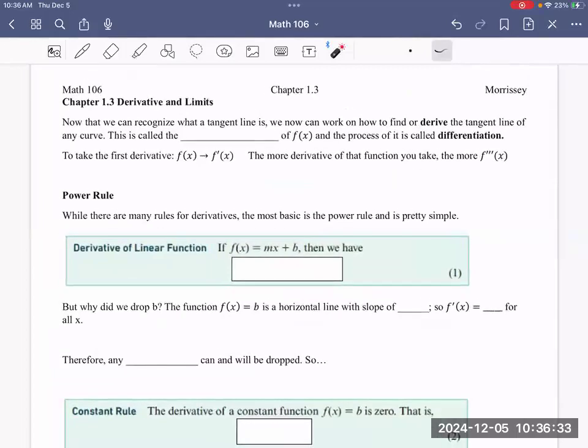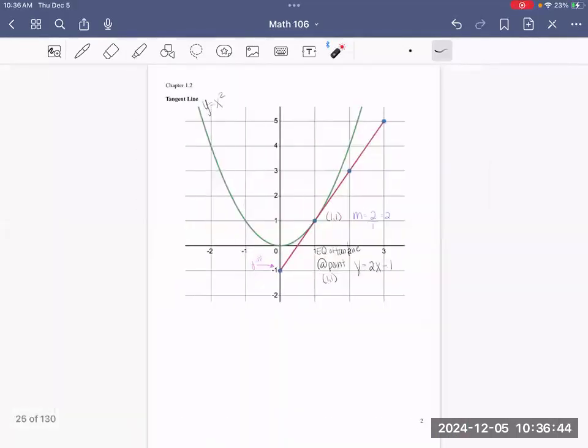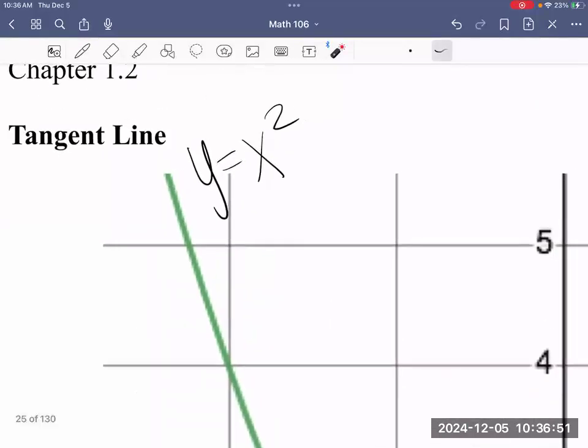So now that we know what the tangent line is, we can work on how to find or derive the tangent line for any sort of curve, because you might not be given this visual aid to see, and instead you're just given some sort of a function. It might not always be as basic as y equals x squared, which graphically we can plot very quickly.